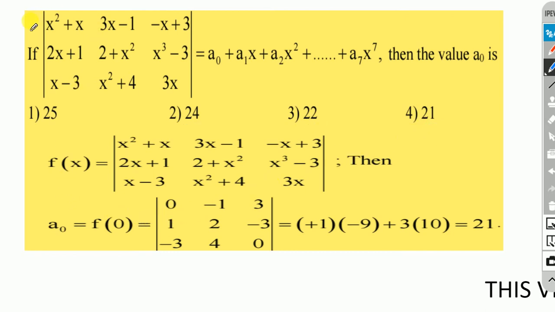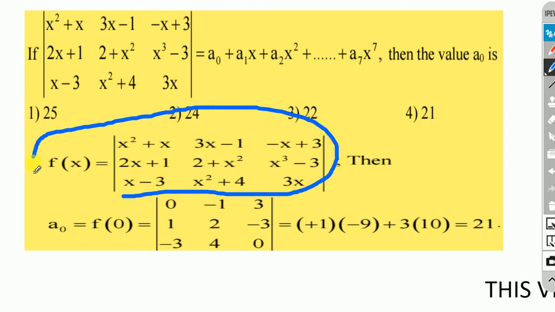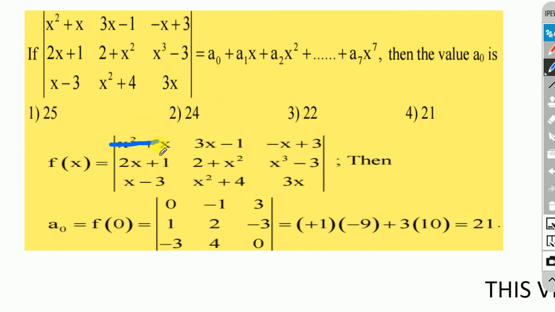So this is nothing but f of x here, that is the given polynomial function. So I am considering the given determinant here as f of x. Let us put x is equal to 0, therefore the first element is 0 and second element is minus 1.